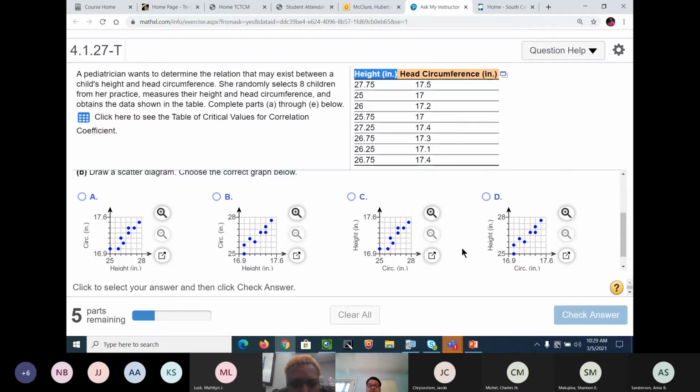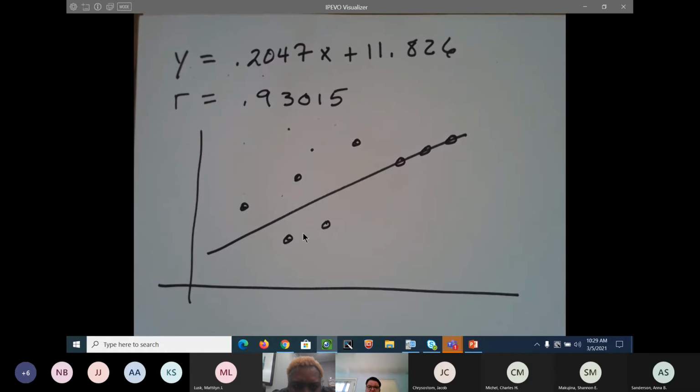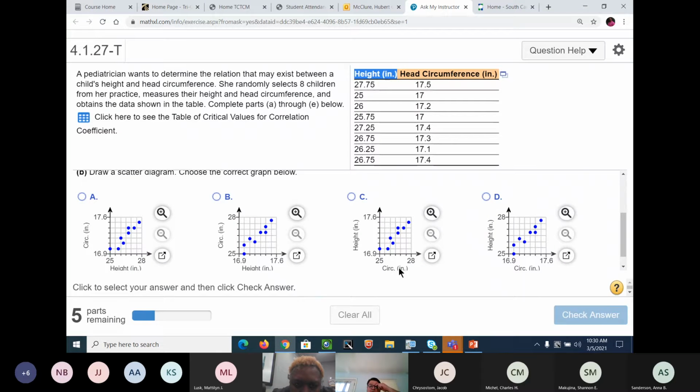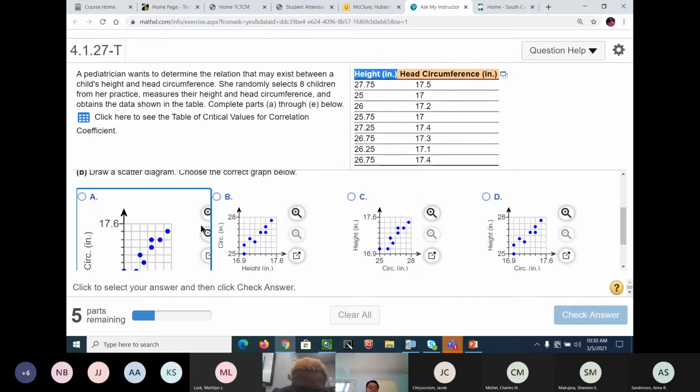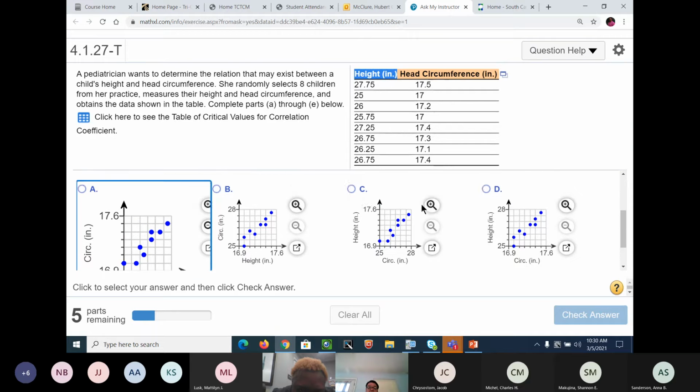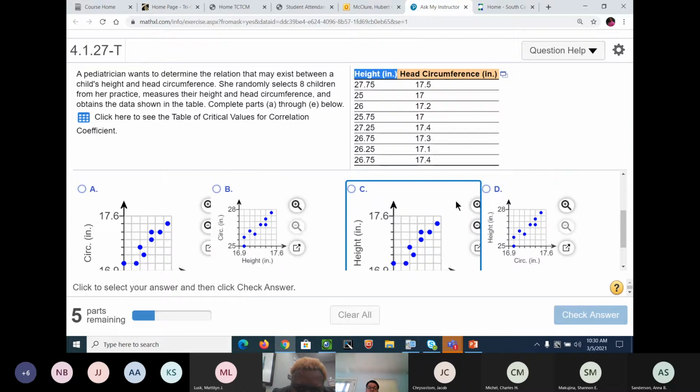Which one is it? Well, I'm looking, here it is. I'm looking for those 2 dots here, 3 dots here, and 3 in line. So which one is that? 2 dots on the bottom, 2 dots at the top, and 3 in line. It's not this one. Is it C? Maybe C. No, not B. I think it's either A or C. You're going to have to blow it up a little bit and try to match it up.